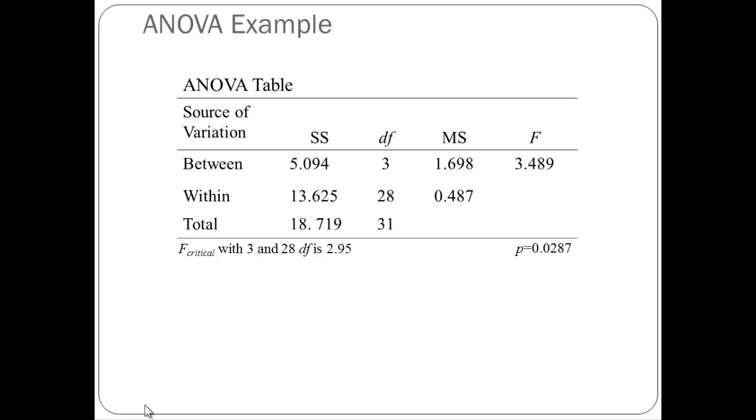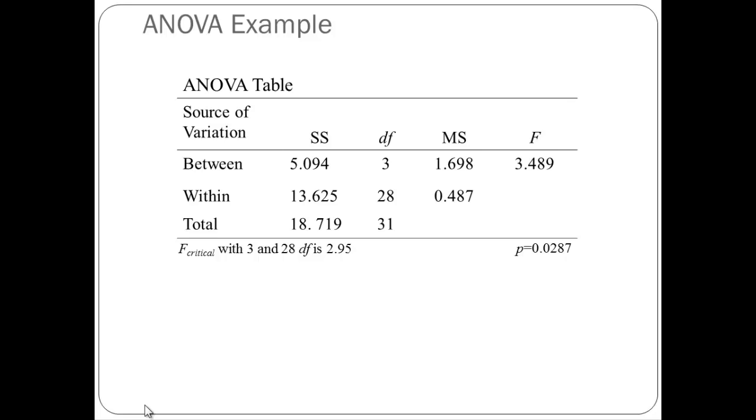I then determine the degrees of freedom for each of those sums of squares. J minus 1 for the between group sum of squares, or 3. N minus J for the within group sum of squares, or 28. And N minus 1 for the total sum of squares, or 31. I take each sum of squares, the between and within, and I divide by their degrees of freedom to get my mean square between and my mean square within. In this case, 1.698 and 0.487 respectively.